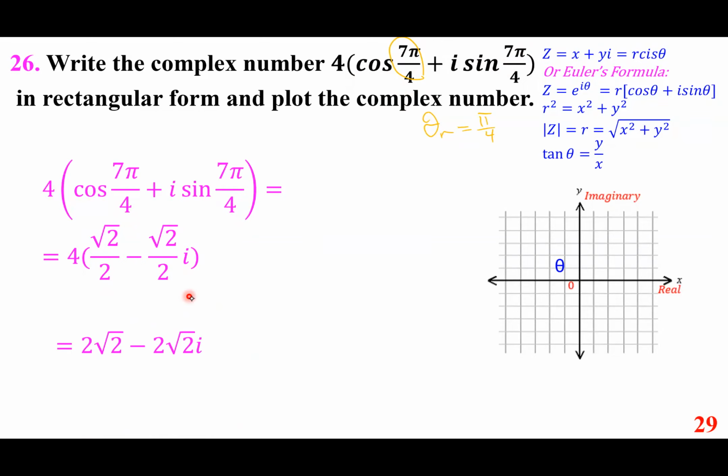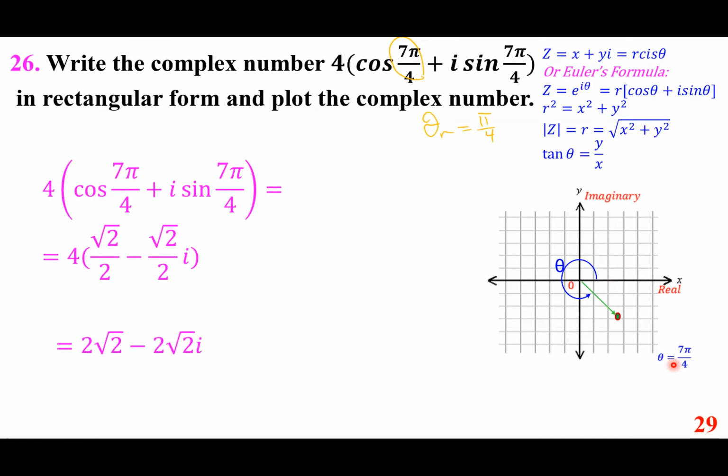So we wrote it, and let's do the plot. This angle, because 2 square root of 2 and minus 2 square root of 2 means going in the positive direction of the real axis 2 square root of 2, and coming down 2 square root of 2 puts us in this quadrant, and that is theta equals 7 pi over 4, right? 7 pi over 4, looking like that, and that's the location.